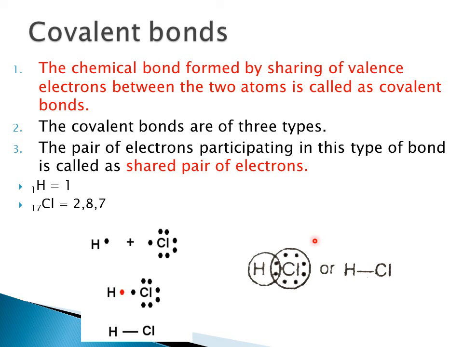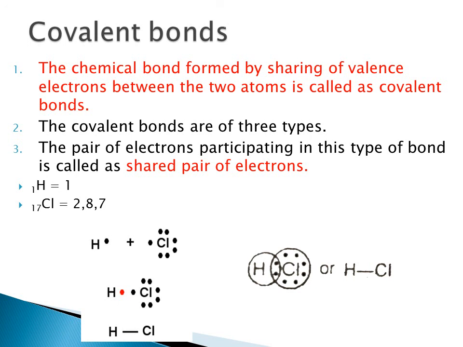Sharing of electrons is nothing but using each other's electrons to get stable state configuration. So after sharing, you can see presence of 2 electrons in outermost shell of hydrogen, and chlorine also has now 8 electrons in its outermost shell. So both these atoms get stability due to formation of covalent bond. Covalent bond is formed due to sharing of electrons.